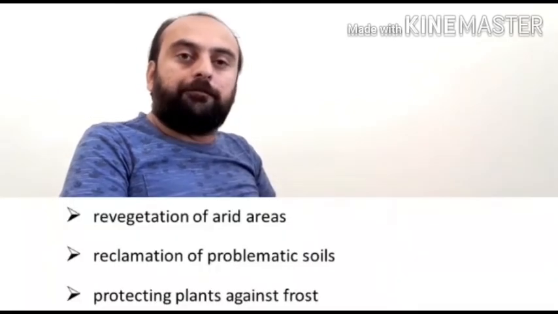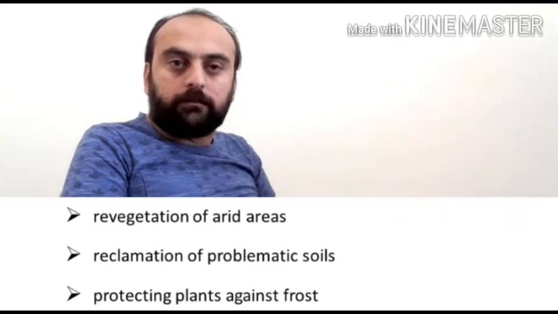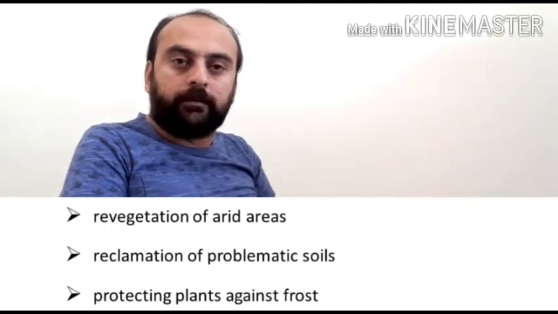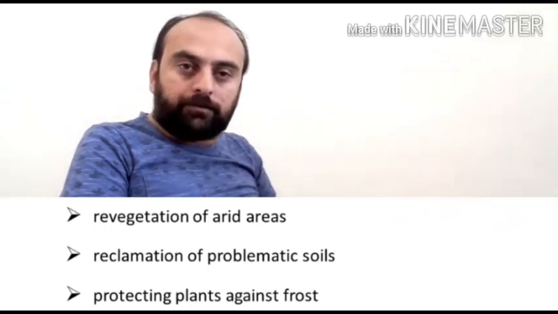Irrigation water also helps in reclamation of problematic soils like barren lands, eroded soils, and salt affected soils. In salt affected soils, water is required for leaching of salts out of the root zone. Water also protects plants against droughts.